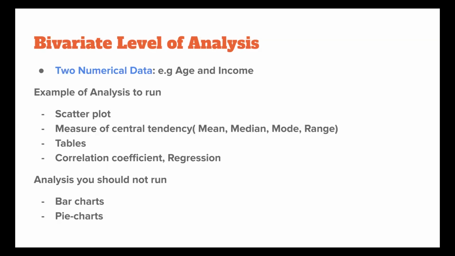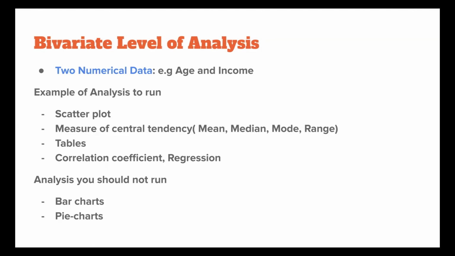The type of analysis you would not be able to run, for almost any two numerical variables, is a bar chart or a pie chart. Remember, you can convert numerical data to categorical data through data manipulation.